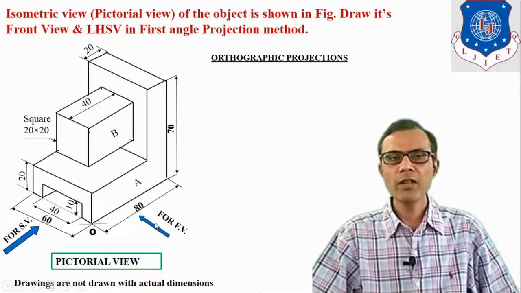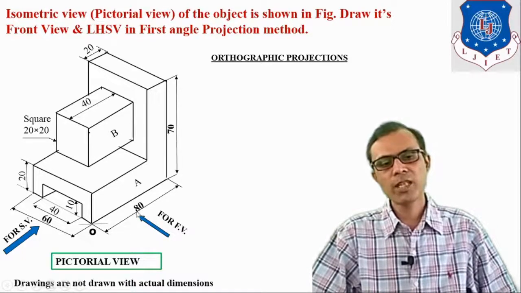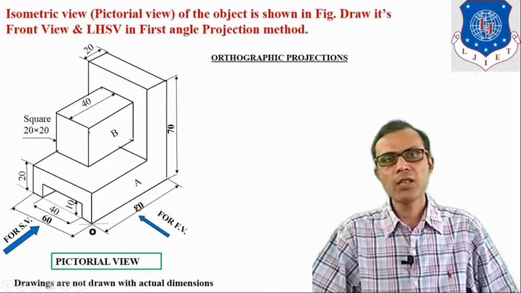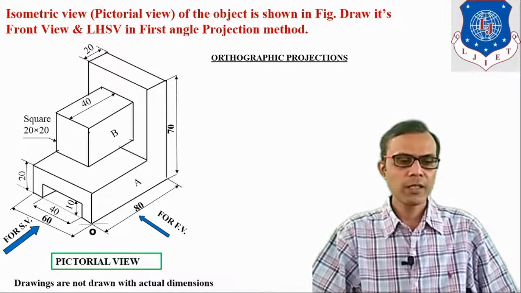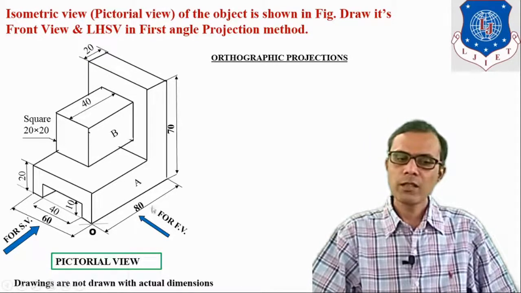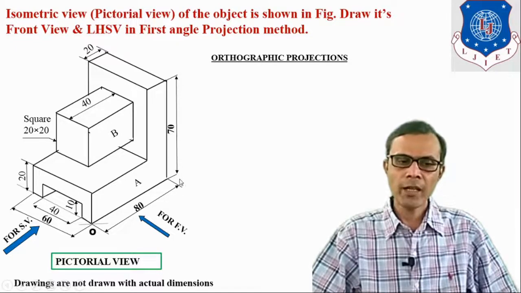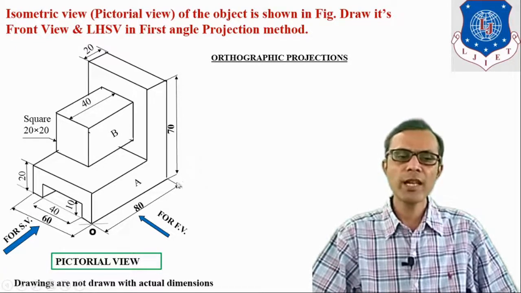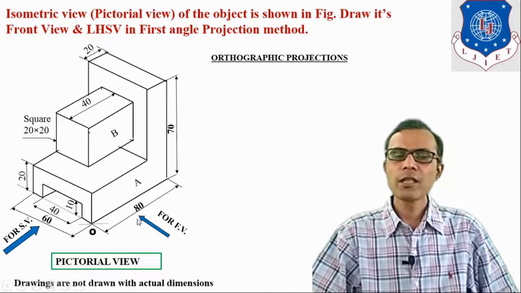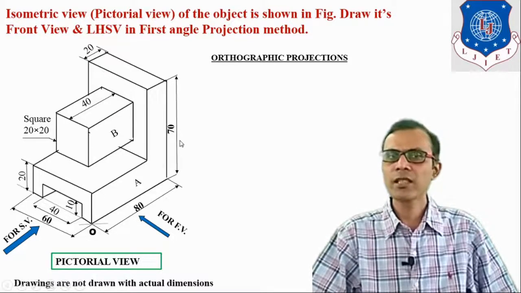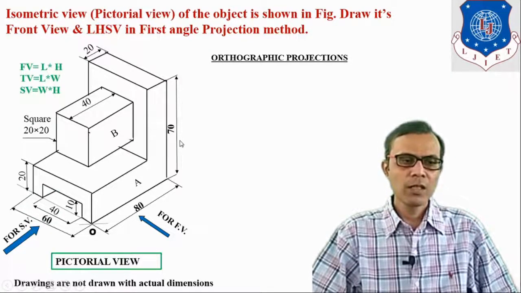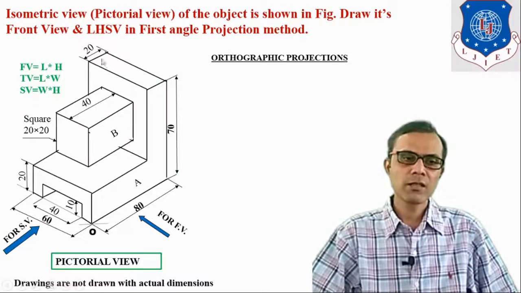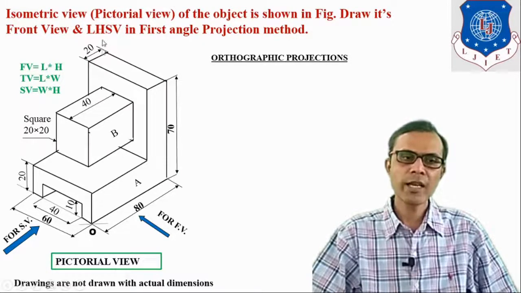Now when we look at this object from this direction, that is the direction for the front view, we can see two dimensions of the object: length and height. So from the front view direction we can see this length 80 mm and height 70 mm. This direction is the direction for the top view.